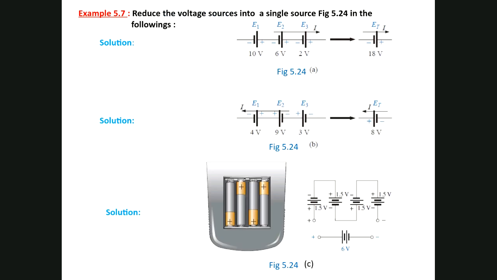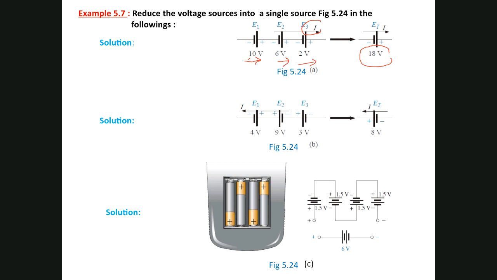Another example, just to emphasize the same concept. I have here 10 volt in this direction, 6 volt in this direction, and 2 volt in this direction. They all go in one direction, to the right. Then I can find the single source by adding them together, which is 18 volt in the same direction.